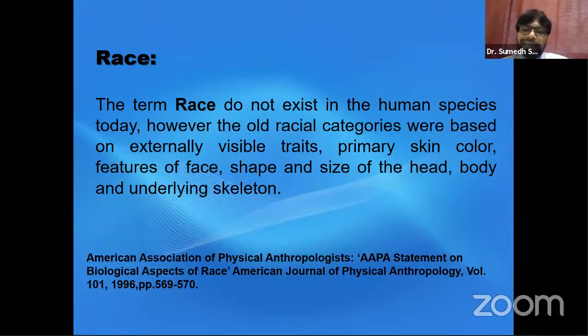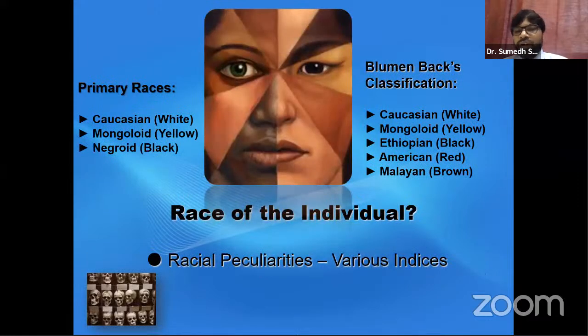So let us go back to the historical appearances of these races, because earlier anthropologists studied the external peculiarities of the human species on the basis of races. The primary races were Caucasian, also called white races, Mongoloid, also called yellow races, and Negroid, also called black races.